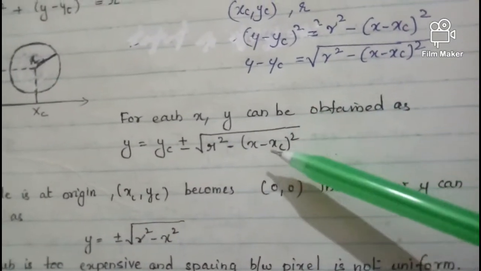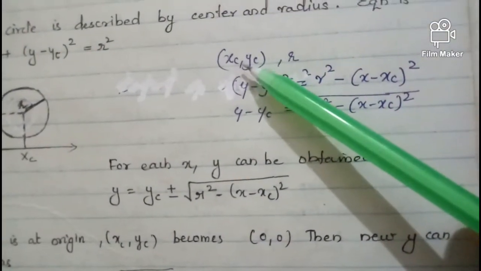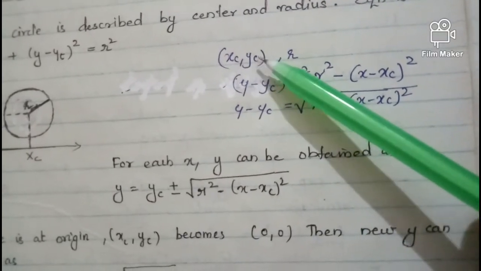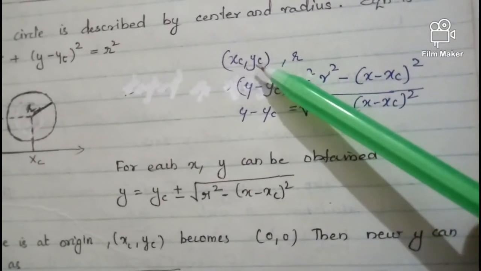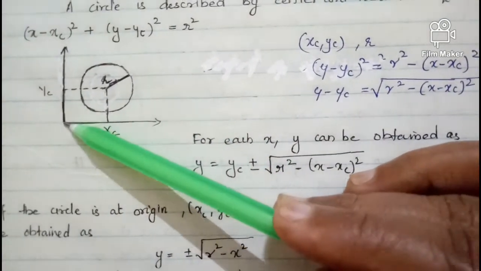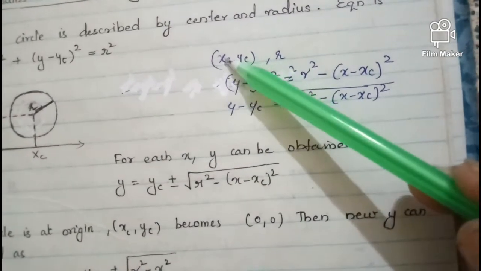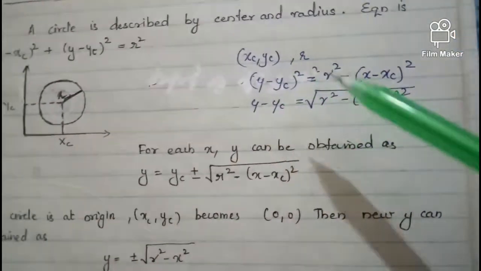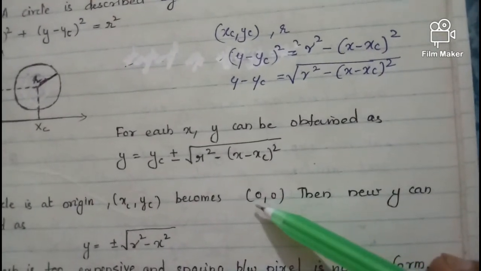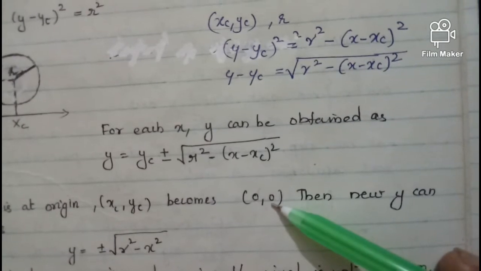Now I am going to tell you one thing. I said the circle is centered at xc, yc. What will happen if the circle is centered at the coordinate origin? If the circle is centered at the origin, then xc and yc, both of them will become 0, because it is centered at origin. Therefore, the value of xc and the value of yc both will become 0.